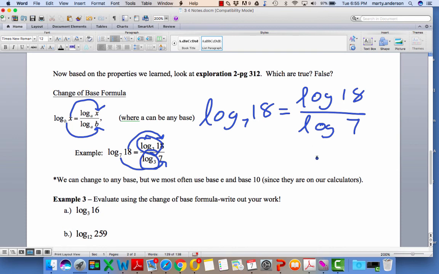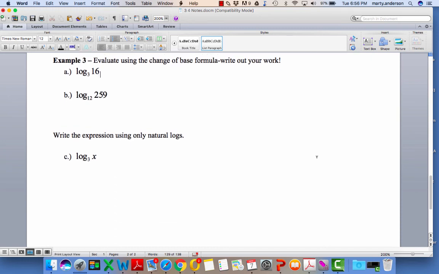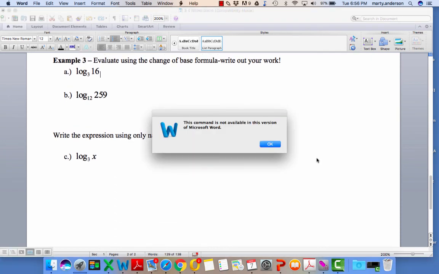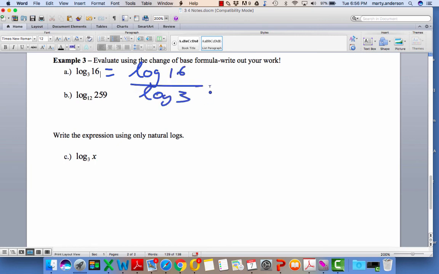Evaluate each using the change of base formula and show your work. Down here on the bottom, we can go log 16 over log 3.